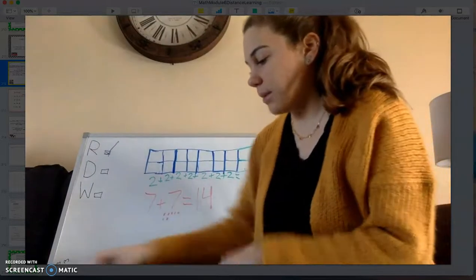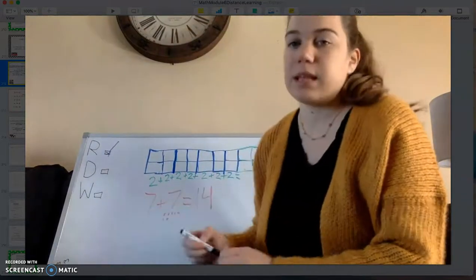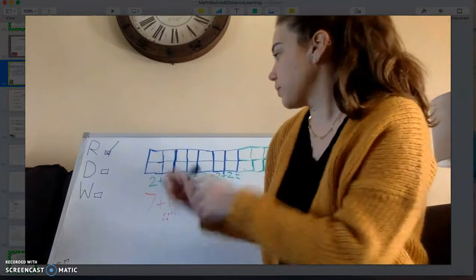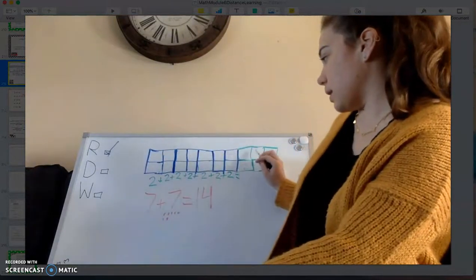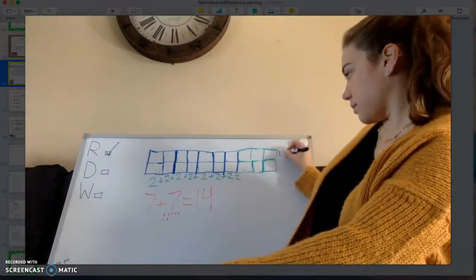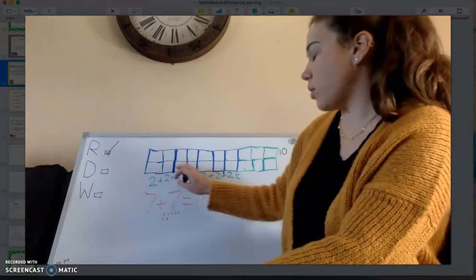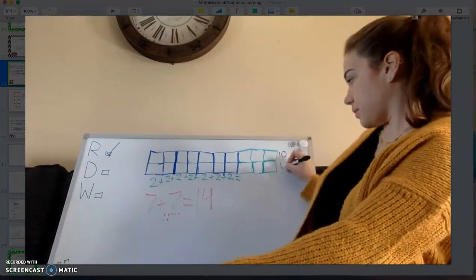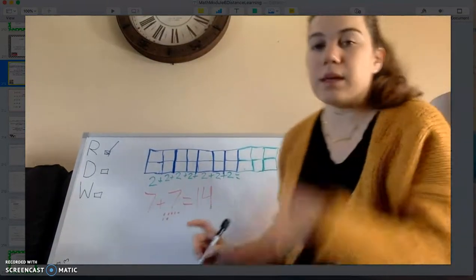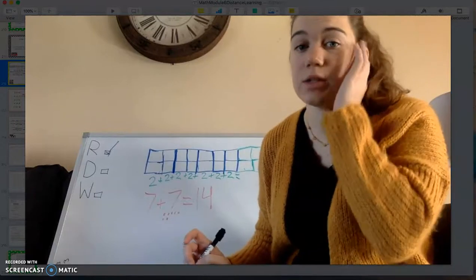So now let's look. How many does each side of the table have? How many students? 1, 2, 3, 4, 5, 6, 7, 8, 9, 10. So now each side of the table has 10 students.